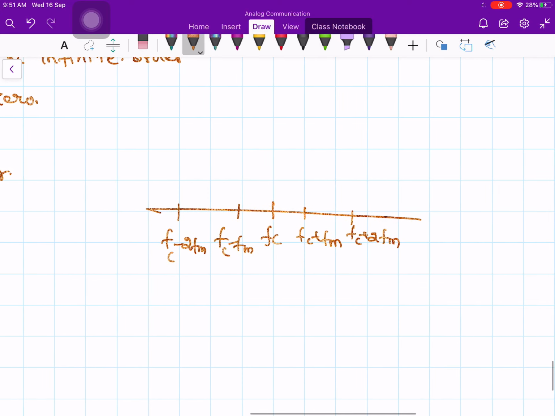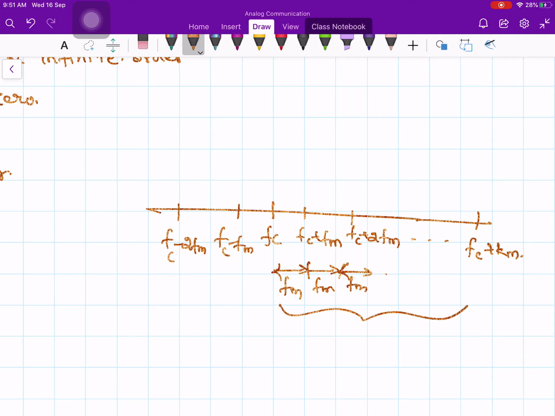Like this, let me define up to Fc plus K Fm. Right? So what is the bandwidth? This distance is Fm, and this distance is again Fm, and this one is again Fm. How many Fms are there like this? K times Fm.